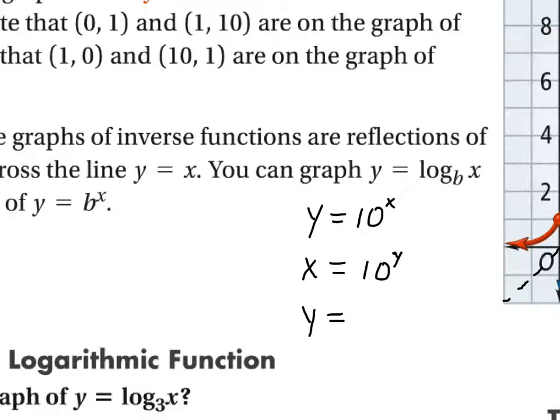In this case, the base of our exponent is 10, and so the base of our log will be 10. I'm not writing it because that's the common log, right? So therefore, y equals log x. It is the inverse of that guy.